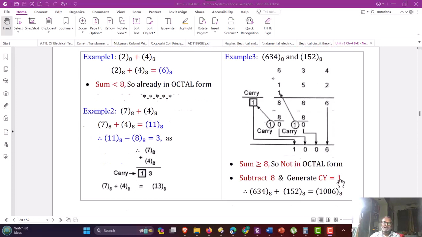That is the corrected form in the octal numbers. Whereas if you directly add the two numbers, the partial result will be 886. But this 886 is not in the octal form because here two digits are equal to or greater than 8. So you need to generate a carry and subtract 8 from it to bring it to the correct octal form.